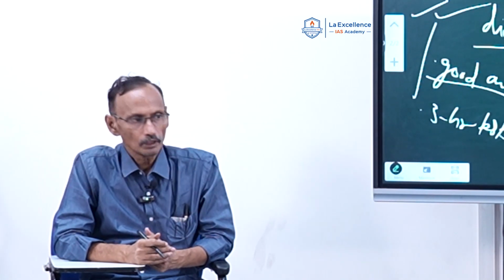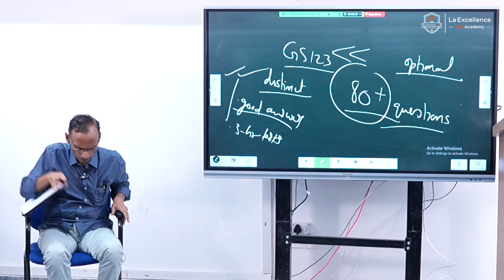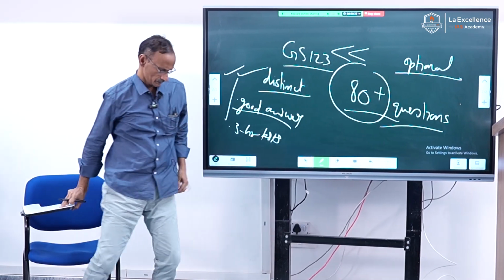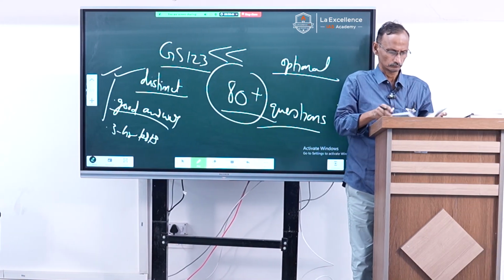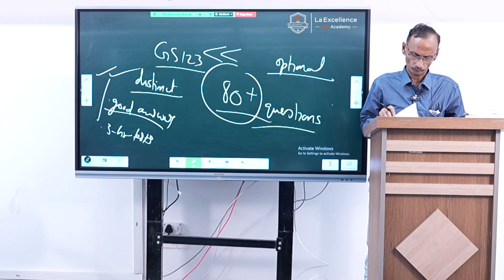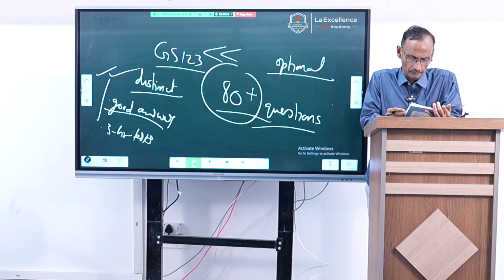Okay. Now coming to this particular optional, political science. Go through the syllabus, page 5, Paper 1. Paper 1 says political theory and Indian politics.